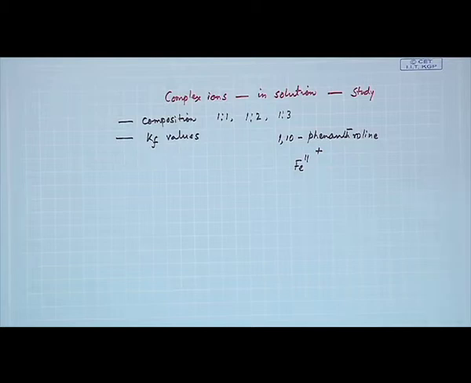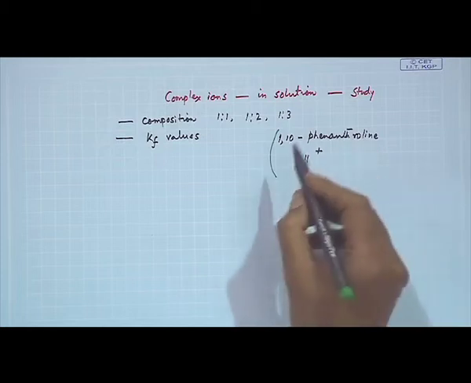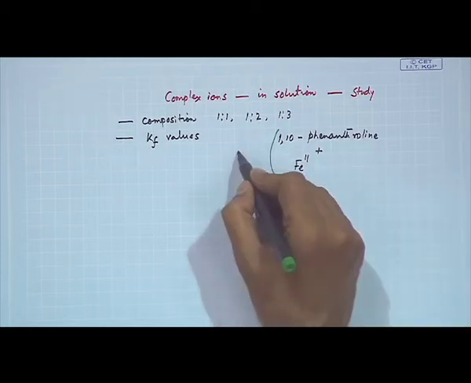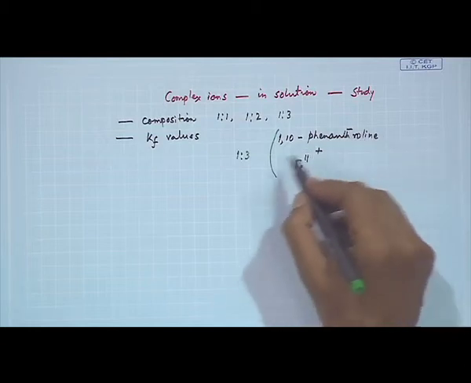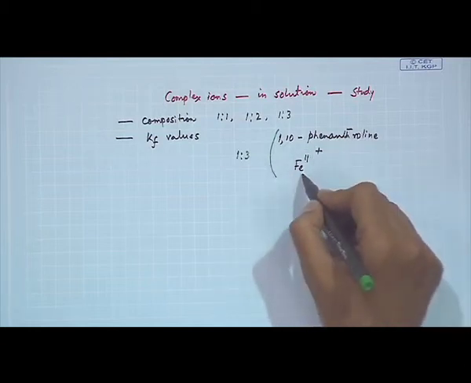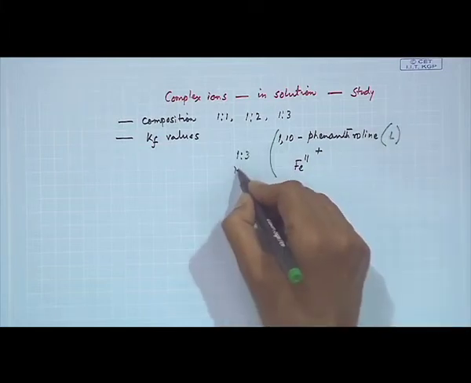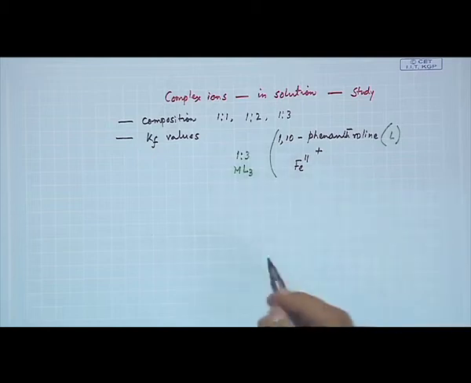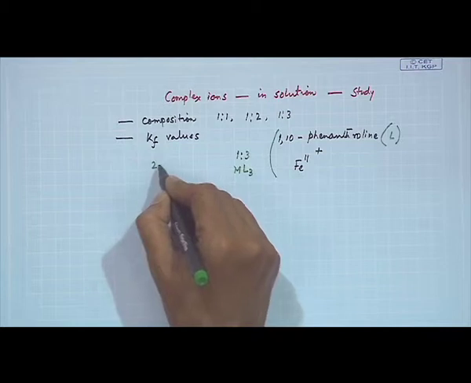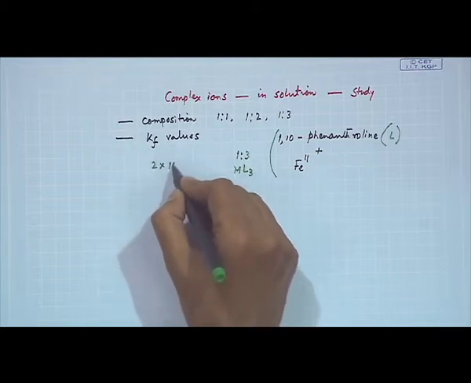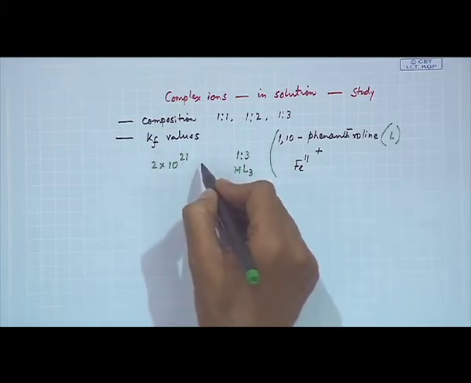So, we get this particular complexation reaction and we can study its composition, and find the corresponding stoichiometry of the complex. That means this iron 2 can bind with the ligand L as ML3, and this K value can also be found out, in the range above 10 to the power 20. So, it is 2 into 10 to the power 21.